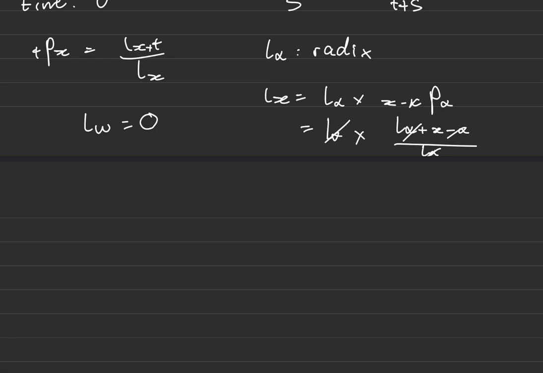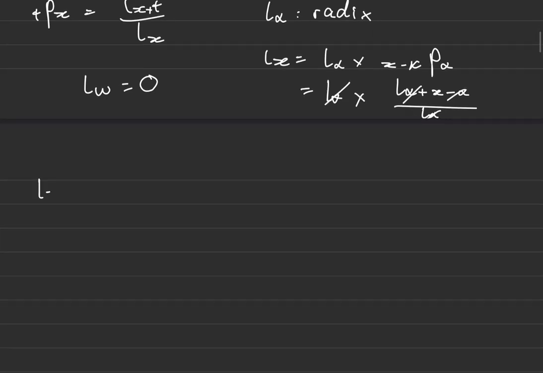Okay, now the way that we're actually going to define Lx is the expected number of lives who survive to age x.